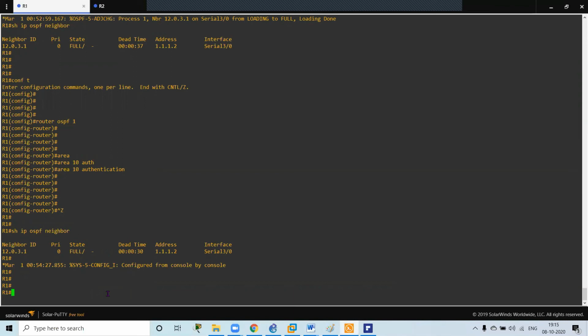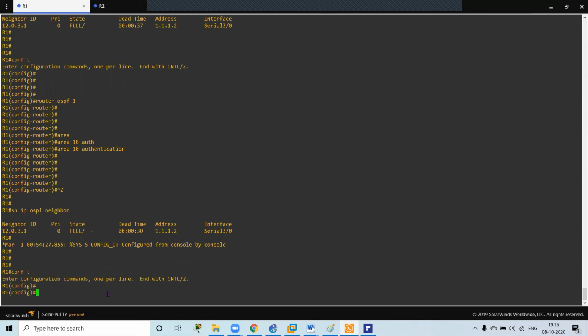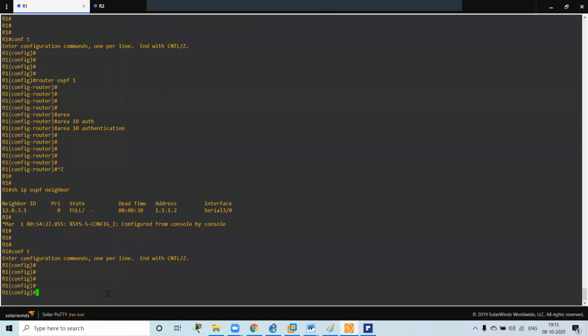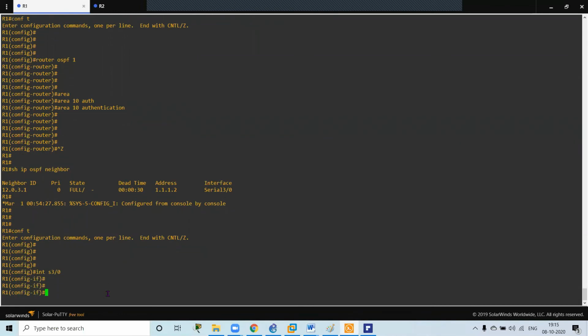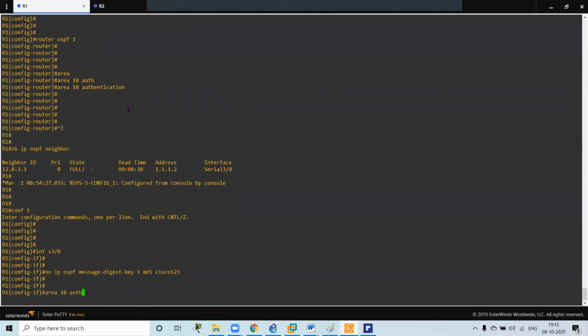Now first I'll remove this. This is clear text authentication. Whenever I'm configuring at the process level, the first command I have to give is this.